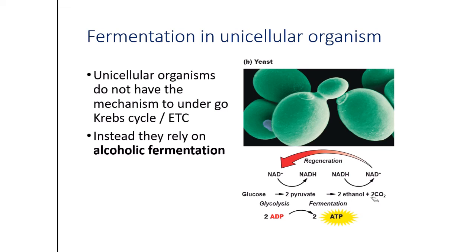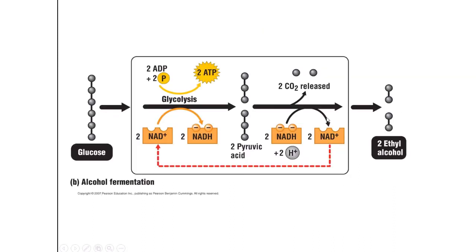And again, the purpose of fermentation is to regenerate NAD+ so that glycolysis can continue to occur. So here is a similar diagram as the one we saw earlier, but now in this case the pyruvate will be releasing carbon dioxide and in the process generating ethyl alcohol or ethanol.